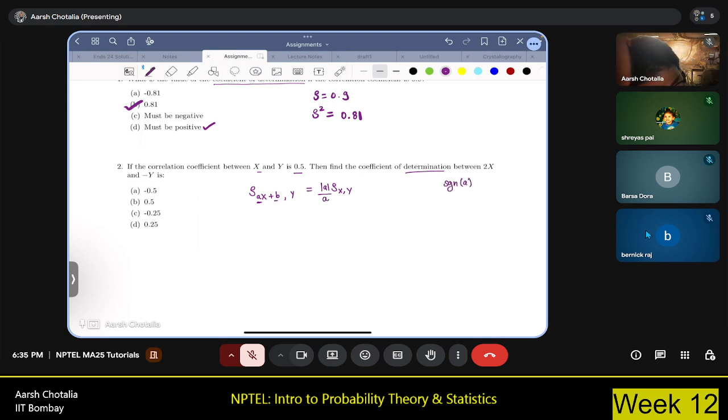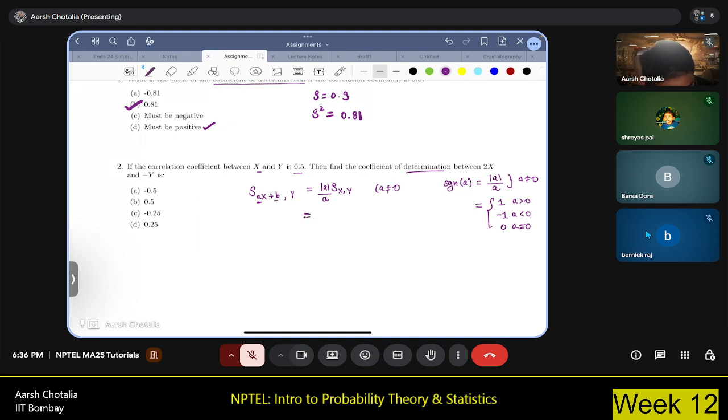So sign of A can be written as mod A by A, which is 1 if A is greater than 0 and minus 1 if A is less than 0, and 0 if A is equal to 0. Okay. So this is only when A is not equal to 0. Alright.